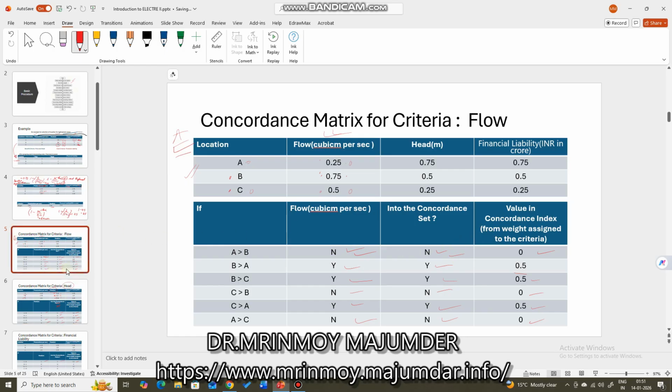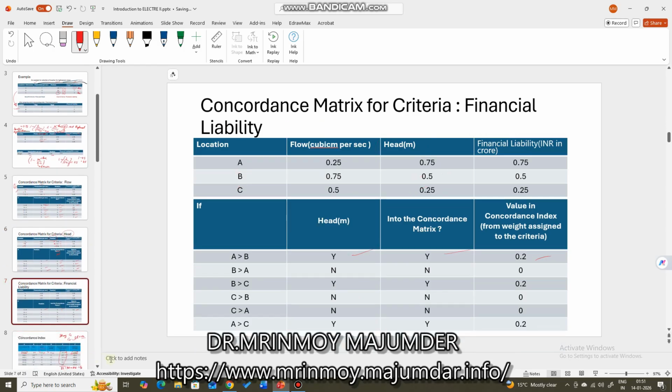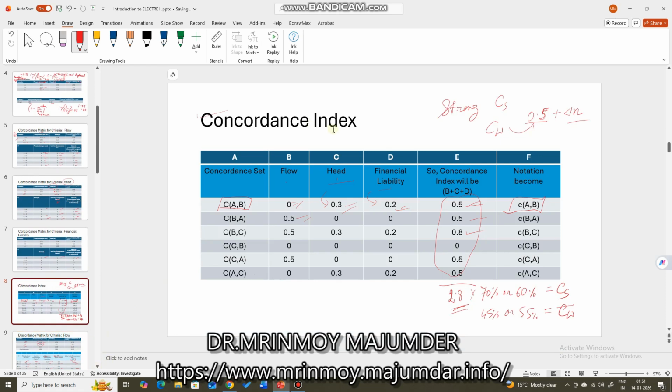In this way, for flow, head, and financial liability, we have calculated and ultimately developed this concordance index, which is the summation of all the weights of the criteria for which the comparison is true. That means if I am asking whether A is greater than B, and it is, then that weight is added to the concordance index. All the weights of the criteria for which the comparison wins are added, and that makes the concordance index.